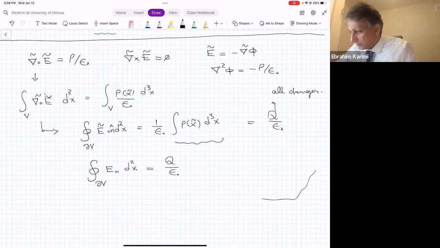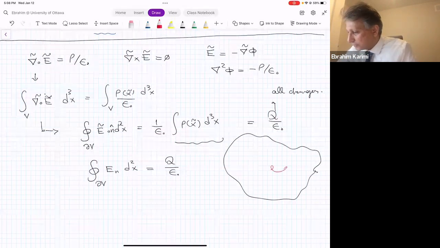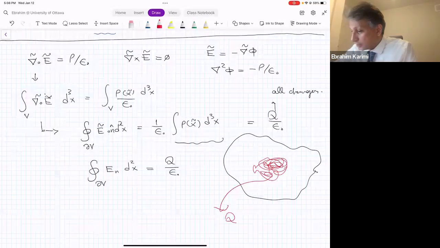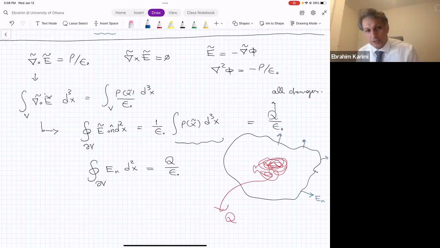If you have a very complicated surface, and inside of it a specific charge distribution, the total charge is Q, but the normal component of the electric field to the surface, if you sum it up, will give you the amount of charge inside.